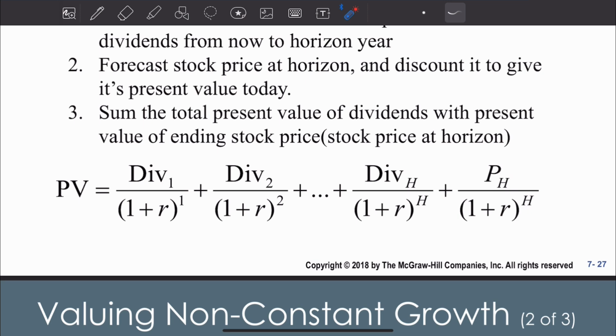It's going to become relatively constant. So for that portion, we can then apply the constant growth model to find the price at that year. And then once we find the price at that year, let's say year 3 or year 4, then we're going to have to discount it back to the present time. I'm going to show you an example shortly after the prayer time.